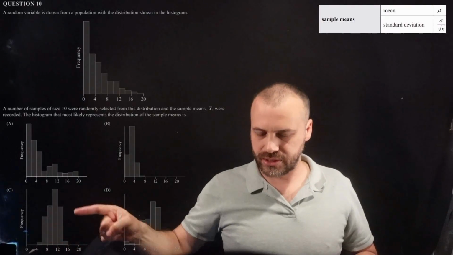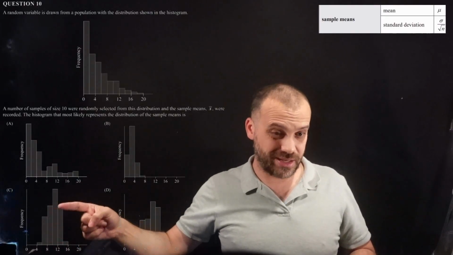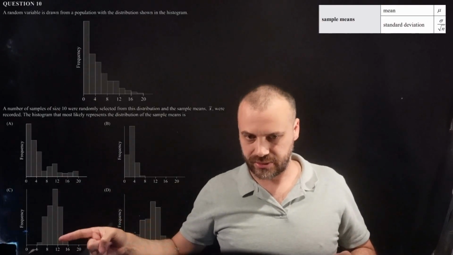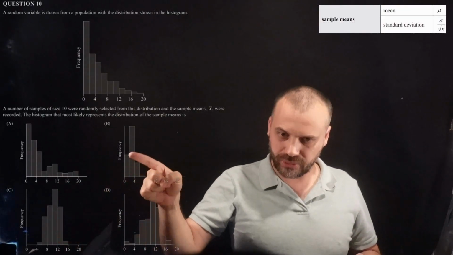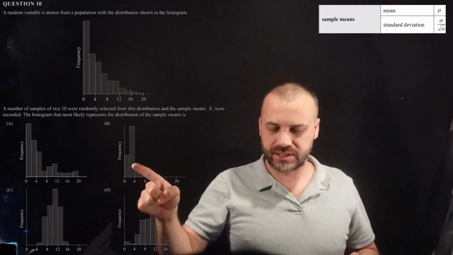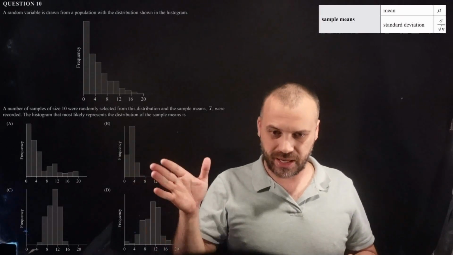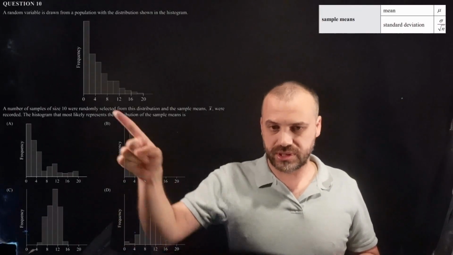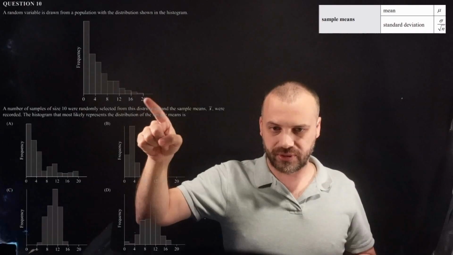Because this one's pretty symmetrical, the mean and the median are about equal, and the mean of this is about 10. Again, this is pretty symmetrical, and the mean of this is about 4. So the mean of this is supposed to equal the mean of this.